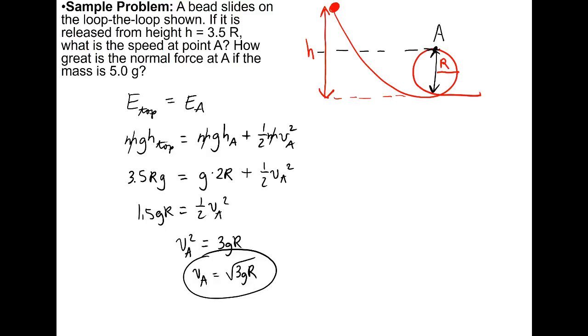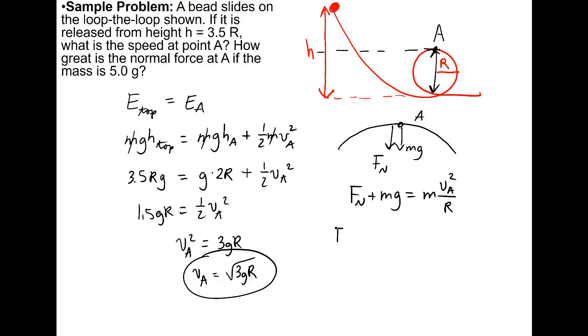How great is the normal force at A if the mass is 5 grams? Let's draw the top, and here's point A. At point A we have a normal force downwards and gravity downwards. This is a review of chapter 5 and centripetal force. The net force F_N plus mg is equal to m v squared at point A over r, not over 2r, just over r. So the normal force is going to be m v_A squared over r minus mg.